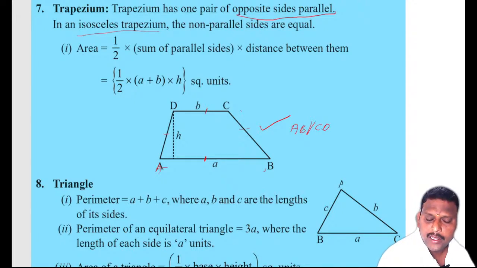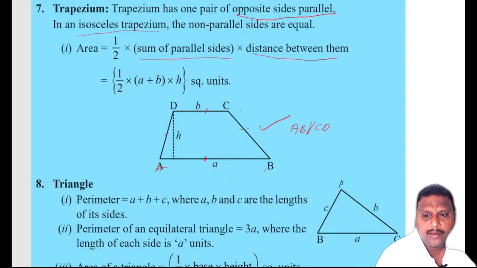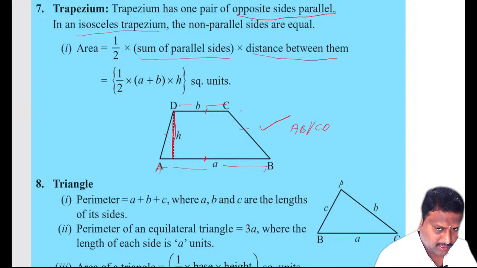The area of the trapezium is equal to half into the sum of parallel sides into the distance between them. This is the length of one parallel side, this is the length of the other parallel side, and this is the height of this shape. I have already discussed what is meant by height.